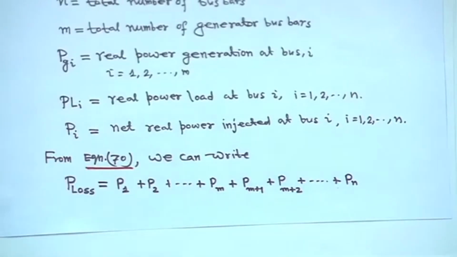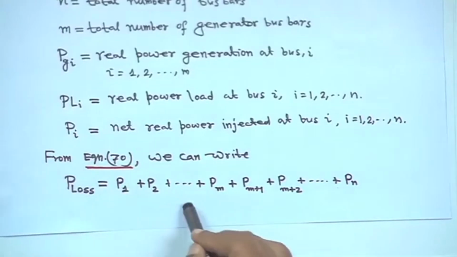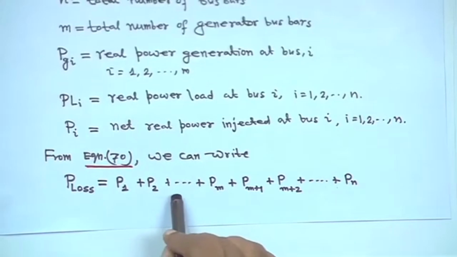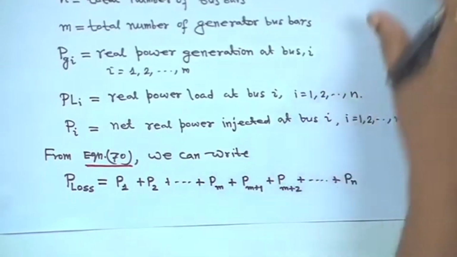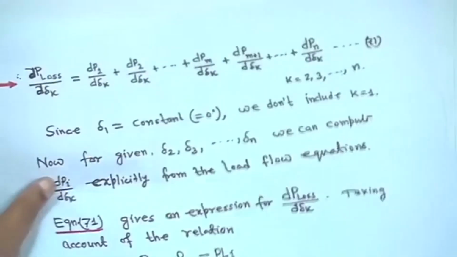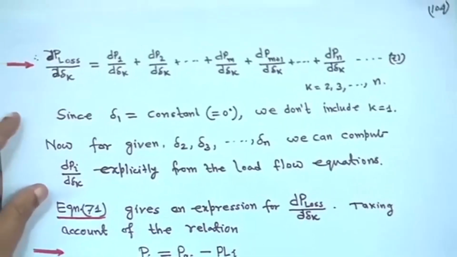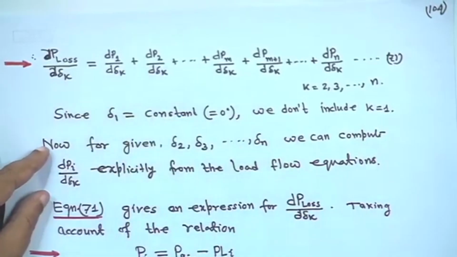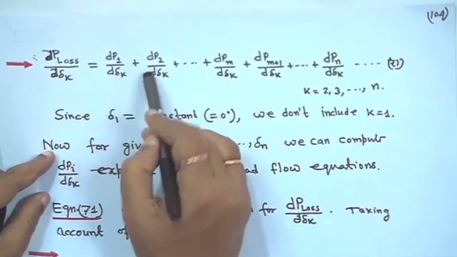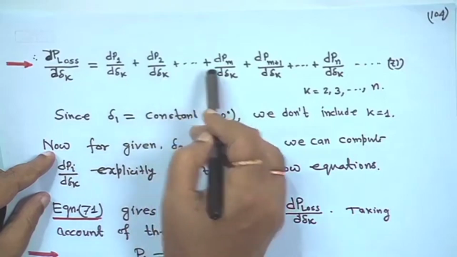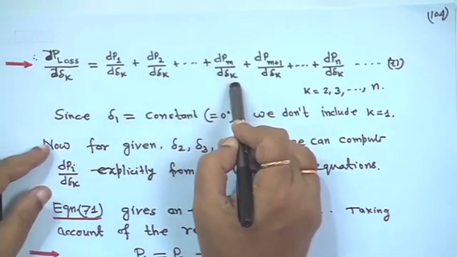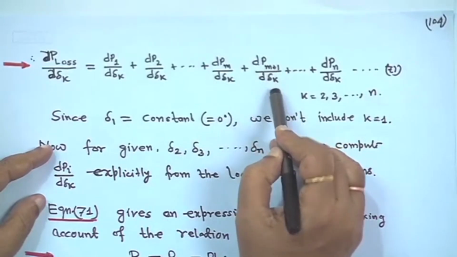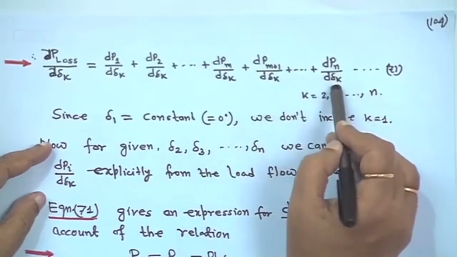Now if you take the derivative of this equation with respect to delta, then dP loss by d delta k is equal to dP 1 by d delta k plus dP 2 by d delta k plus dot dot plus dP m by d delta k, plus dP m plus 1 by d delta k plus up to dP n by d delta k.